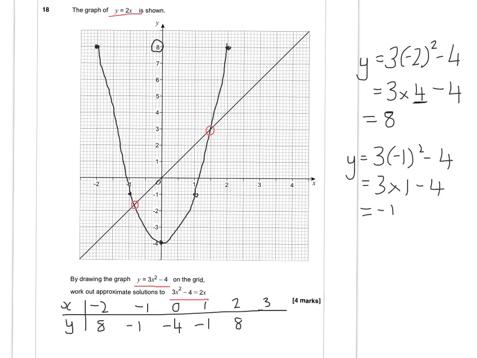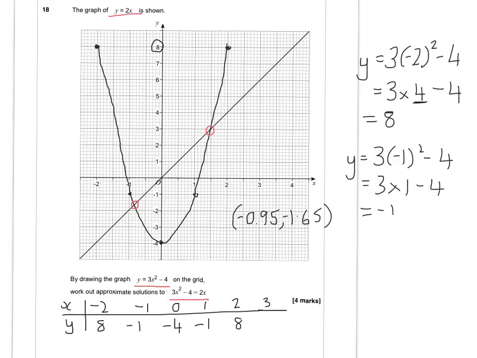Now, let me write them down. The first one then, the x value is about -0.95, just before -1, isn't it? And then it's about -1.65 down.